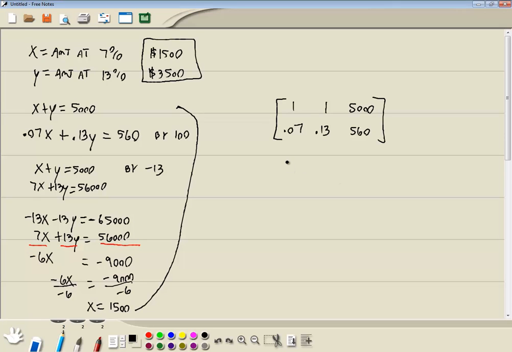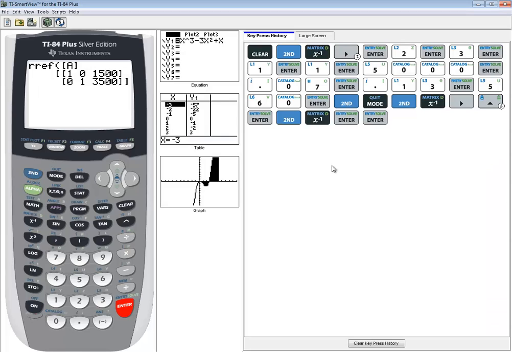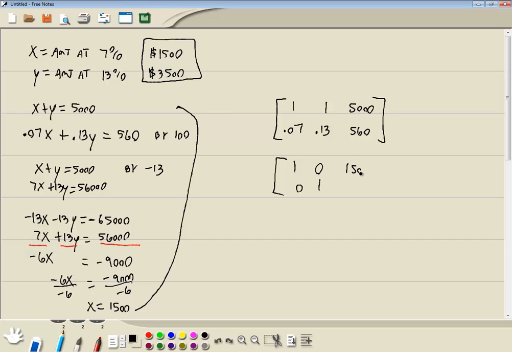And we get 1, 0, 0, 1, 1500 and 3500. Two equations, two variables. Our first 2 by 2 here should be a diagonal of 1, 0, 0, 1. That means it worked. And our far right column is our answer. So this will be x and this will be y. We get the same results using the calculator.